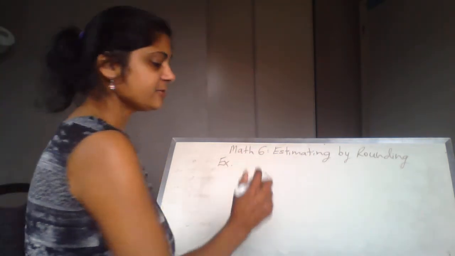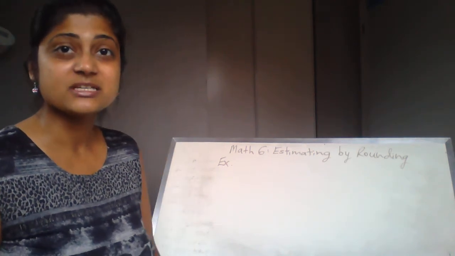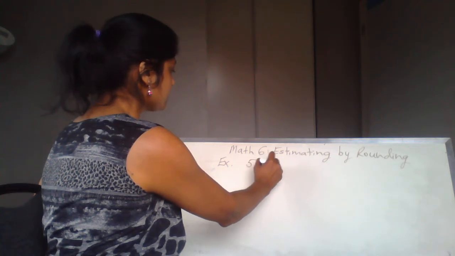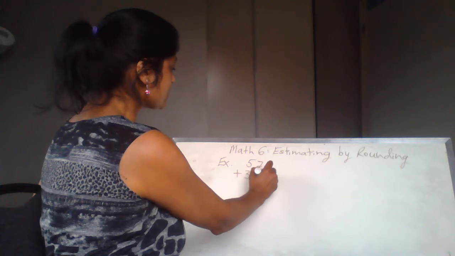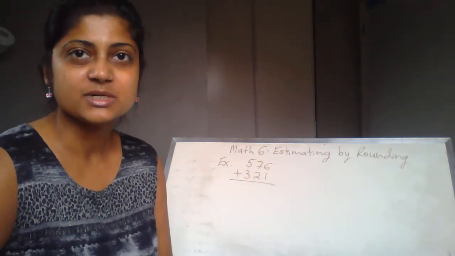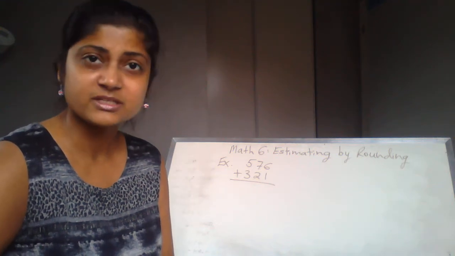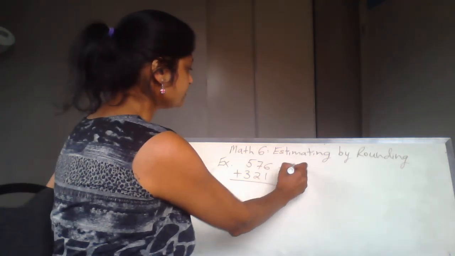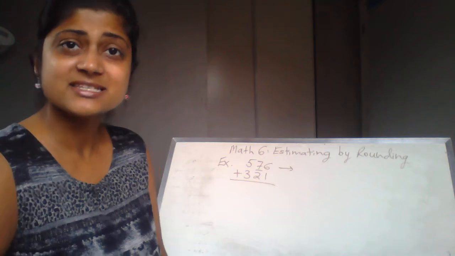Here's an example. We are estimating by rounding to the nearest hundred. I'm going to first write this question out: 576 plus 321. Again, I'm not going to do the addition for this. It just says estimate by rounding to the nearest hundred. When you round to the nearest hundred, I'm looking at the number in the tens column.